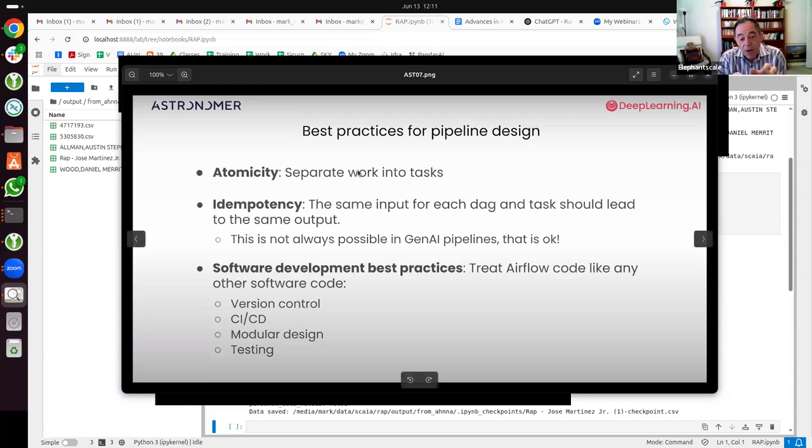Atomicity means you break your big ball of code into manageable units, make them smaller. The next one, idempotency. Idempotency means that if for any reason, by mistake or on purpose, you run it twice, it shouldn't break anything. It should work just as well. Now, there is an interesting glitch here.